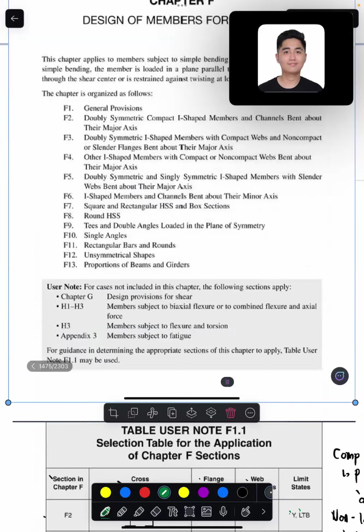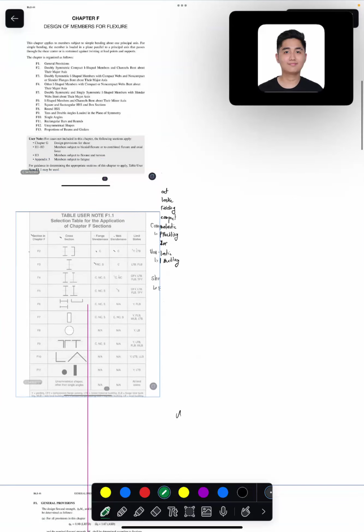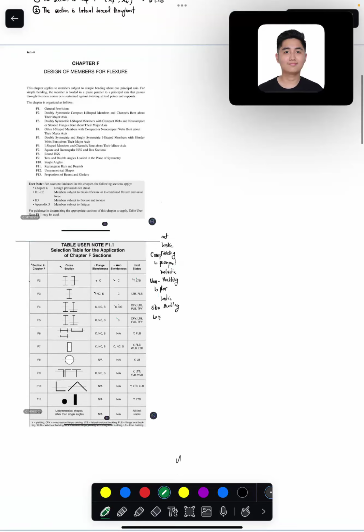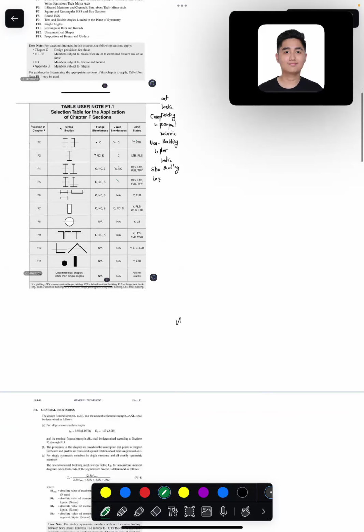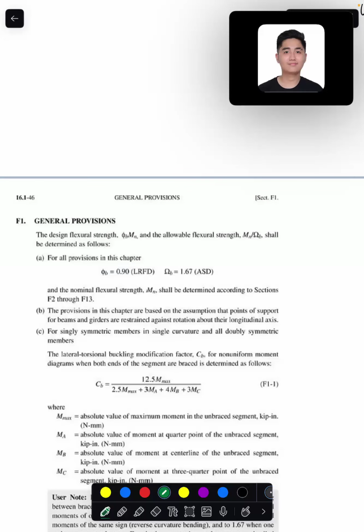So it is listed in the second page of chapter F. You can see it here. As for the general provisions, again, most of the time, or rather all of the time, if we are considering buckling, we take the strength reduction factor for flexure as always 0.9.